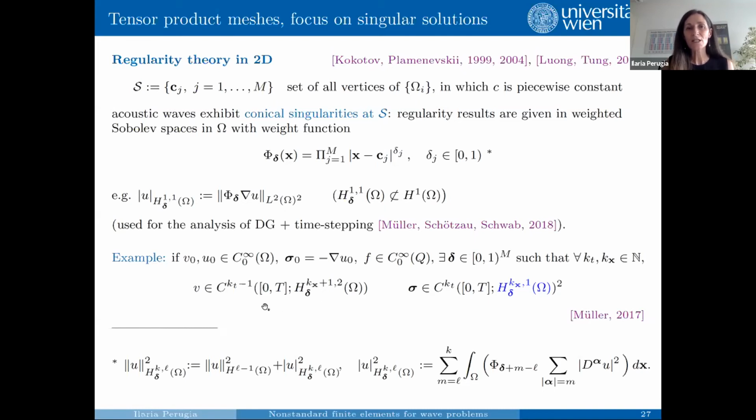If I consider the solution (v, σ) of my wave problem written as a first order system, for v there is not much problem, but for σ, which is the gradient of the solution of the standard wave equation, we have that this is not even in H^1. So the regularity is low, and this of course affects the global approximation properties of any method.